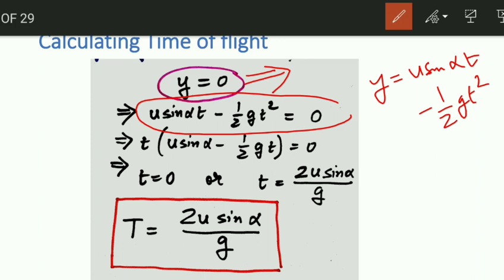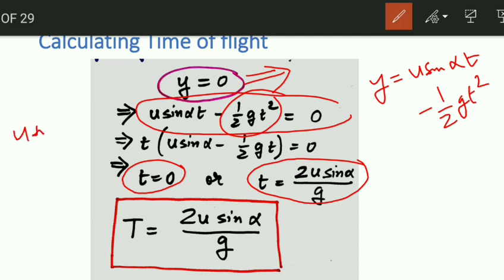That is simple mathematics. This is a quadratic equation and we'll get two roots. t is equal to 0 and t is equal to 2u sin alpha by g. I will advise you all not to take this half g t square to the other side, like u sin alpha t is equal to half g t square, and cancel like this.